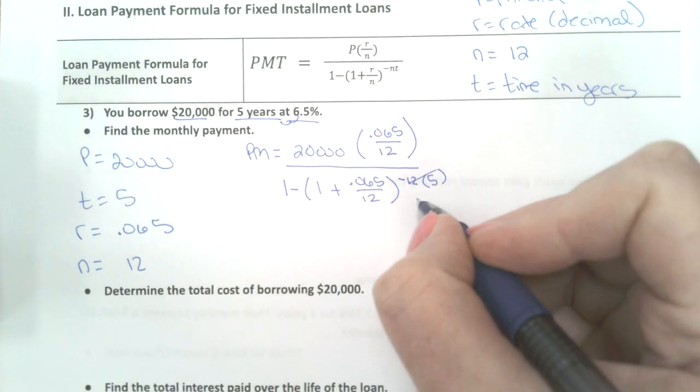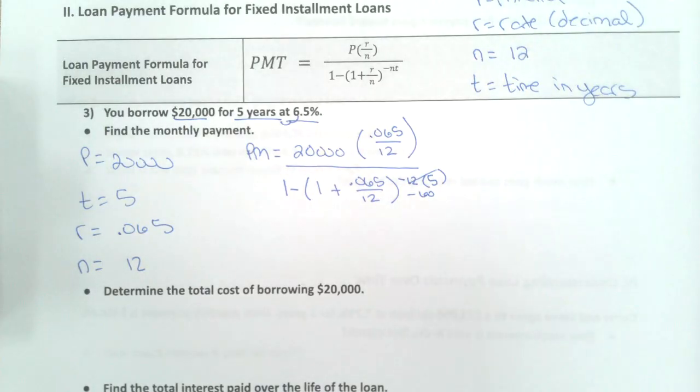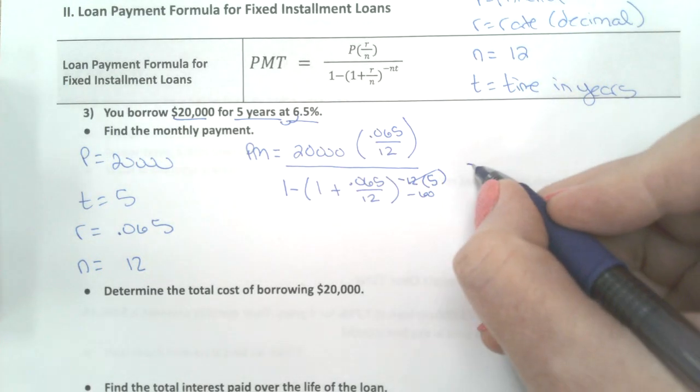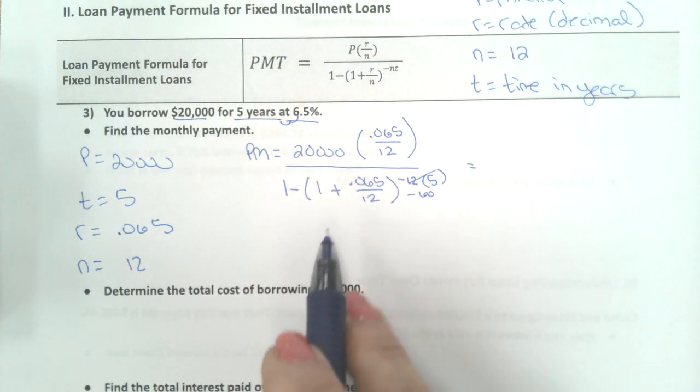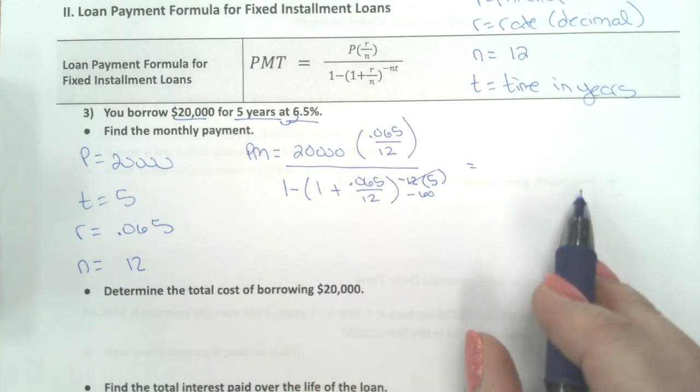I would go ahead and multiply that and know that that is negative 60. That is going to be your exponent before you put it in the calculator. Most calculators can only handle the numerator and then the denominator, and that's what we're going to do.